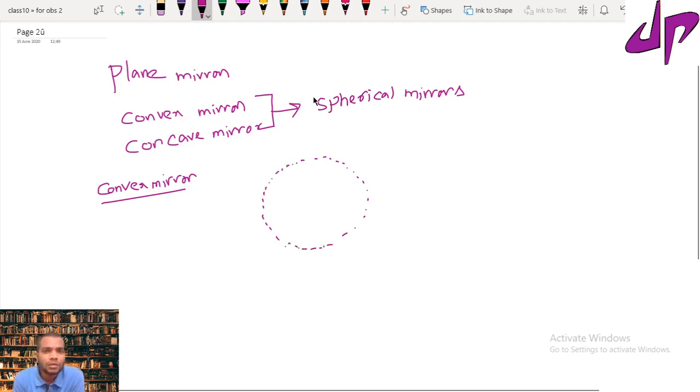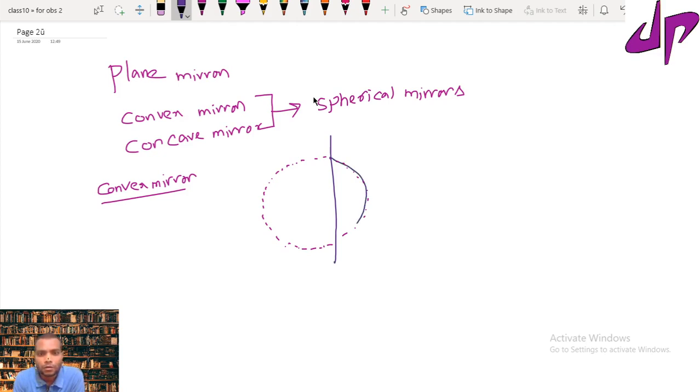If you cut a particular part of it here, you will get this remaining portion. Now I got this particular shape.